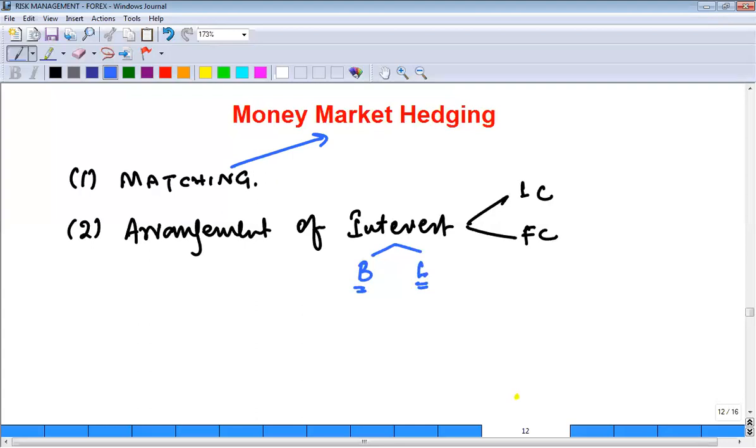If we have a foreign currency liability, we can match it with a foreign currency asset.